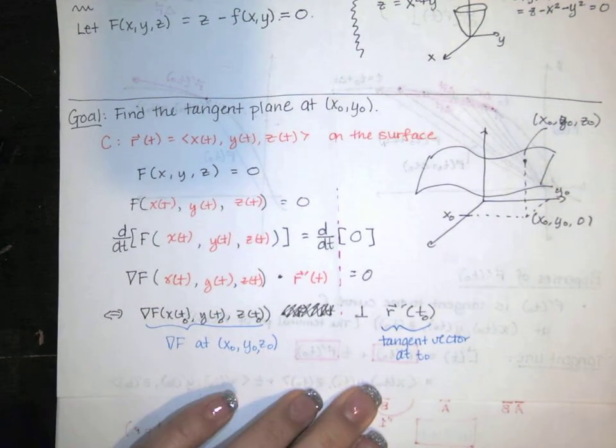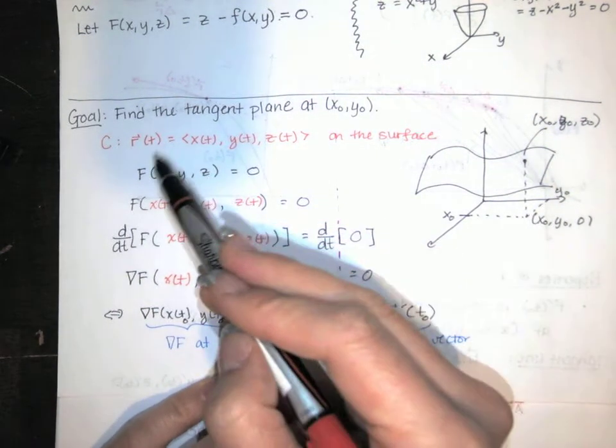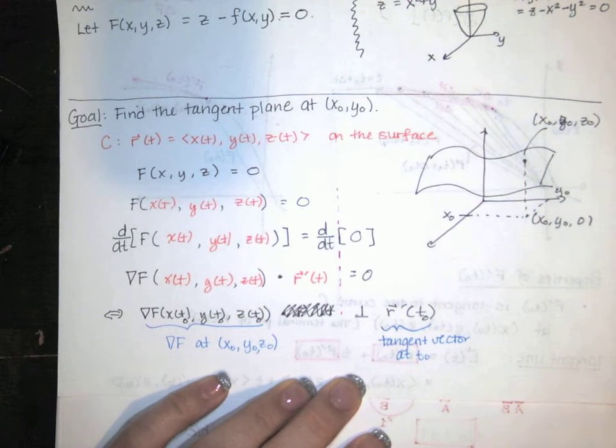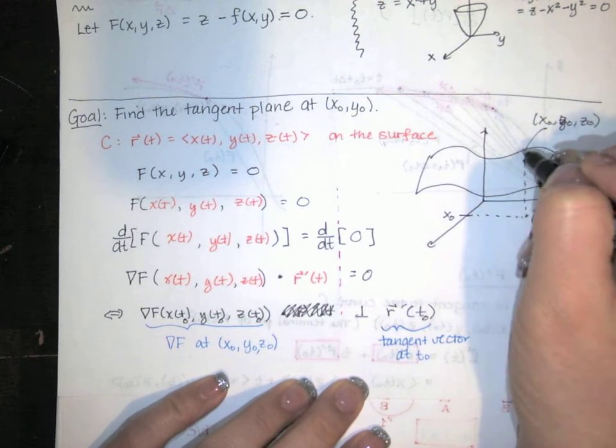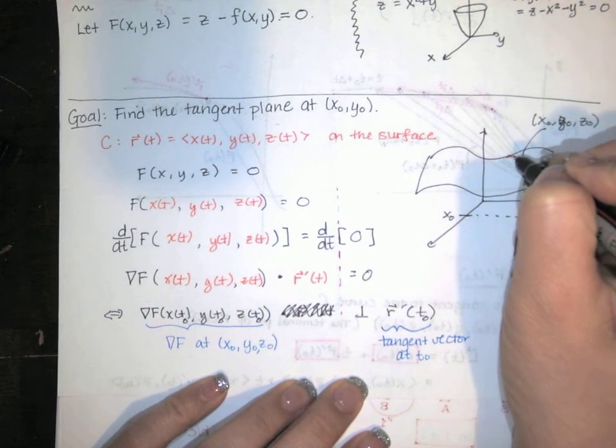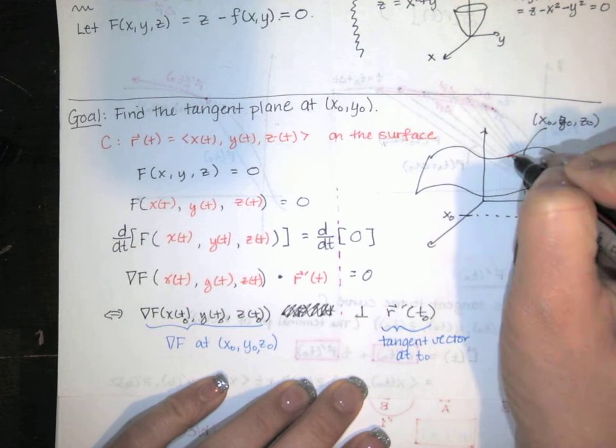We said this curve r of t is a curve that lies on the surface and it passes through this point. So there's r of t.